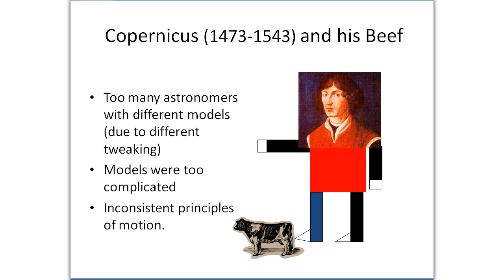So you had these very divergent models proclaiming the same thing, saying that they all describe the way that the universe works. And this really bothered Copernicus, because he thought, if there's one universe, which he believed that there was, one Earth, one planet Mars, and so on, then we should really just have one model that does a good job of explaining everything. So he wanted to consolidate the models and make just one.